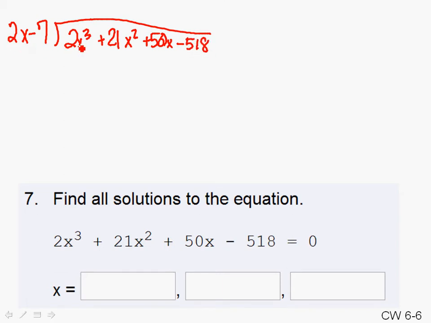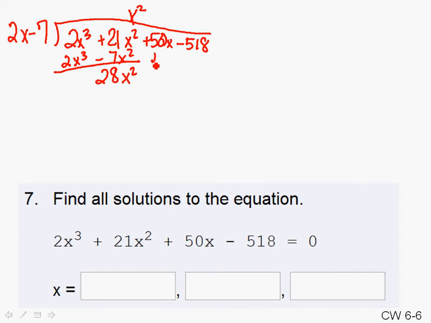2x goes into 2x cubed x squared times. X squared times 2x is 2x cubed, and x squared times negative 7 is negative 7x squared. We subtract those from the ones above them, so 2 minus 2 is 0, and 21 minus negative 7 is like saying plus, so that's 28x squared.